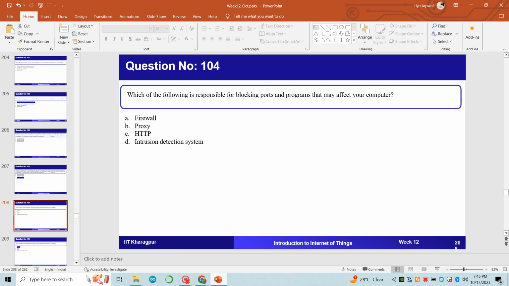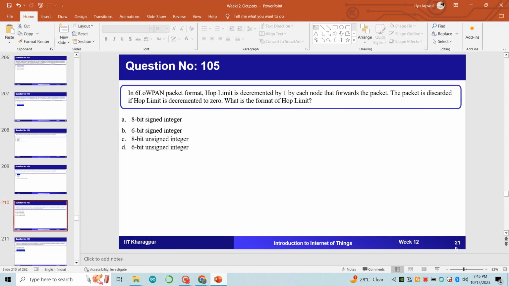Proxy. Proxy. Anyone else? It's firewall.